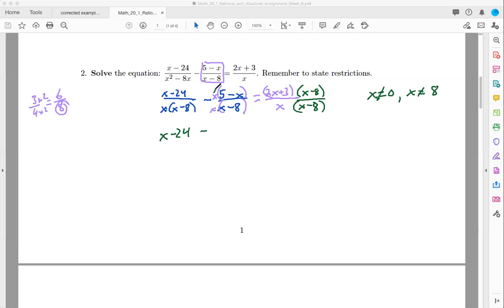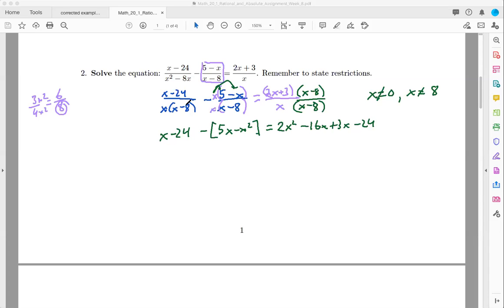Now we can multiply things through. So this is minus, we have 5x minus x squared. And then this is equal to, let's see, we're going to multiply these two binomials together. So 2x times x is 2x squared. 2x times negative 8 is negative 16x. And then we have plus 3x, and also plus 3 times negative 8 is negative 24.